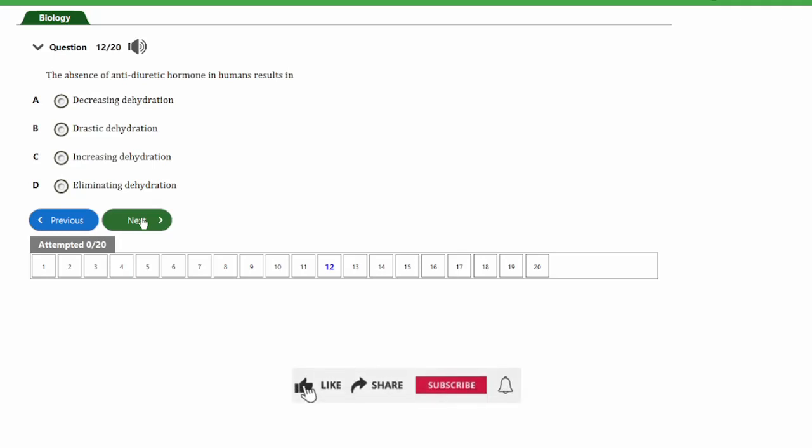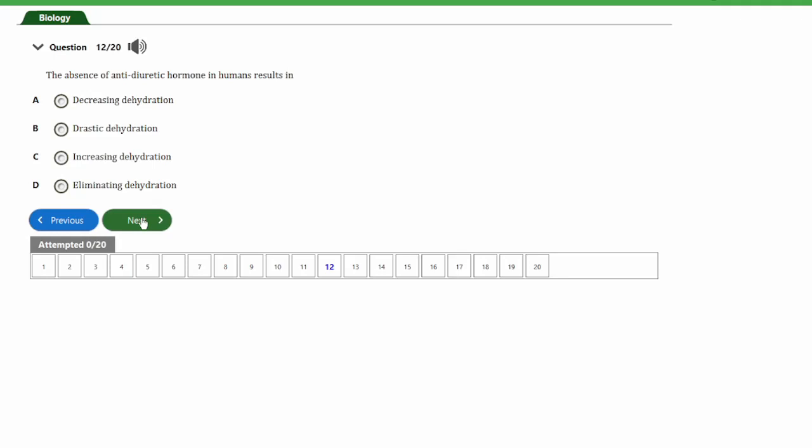So guys, let's look at the next question. That's question number 12. The question says, the absence of antidiuretic hormone in humans results in A. Decreasing dehydration, B. Drastic dehydration, C. Increasing dehydration, and D. Eliminating dehydration. So guys, the answer to this question is option C, and that's increasing dehydration.